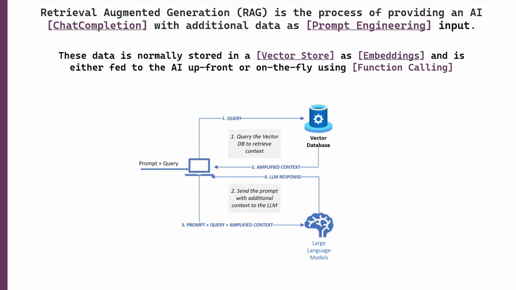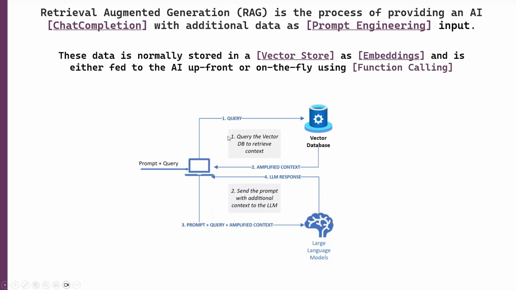But the way it works is you essentially prompt your system. You have a chatbot, you have a back end service where you ask a question or have some input. And instead of just sending the query to the LLM like you do normally in chat completion, you instead send the query to a vector database or instruct a function calling tool to be able to retrieve data if it finds it necessary.